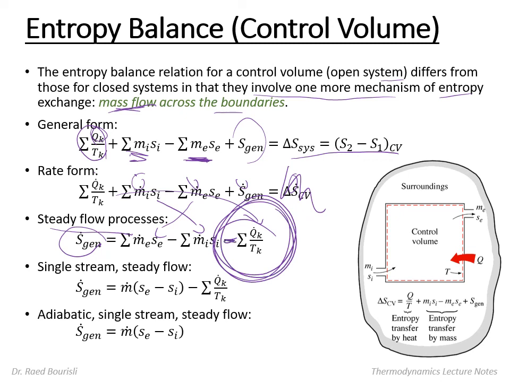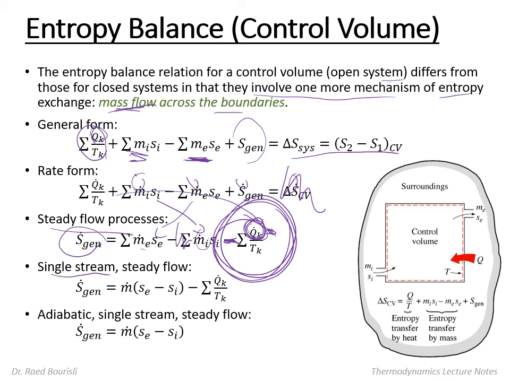This is minus, and this is in relation to the system. So in is positive, and out is negative. So don't change the sign of this heat transfer just because there is a minus sign here. We'll see an example of that.